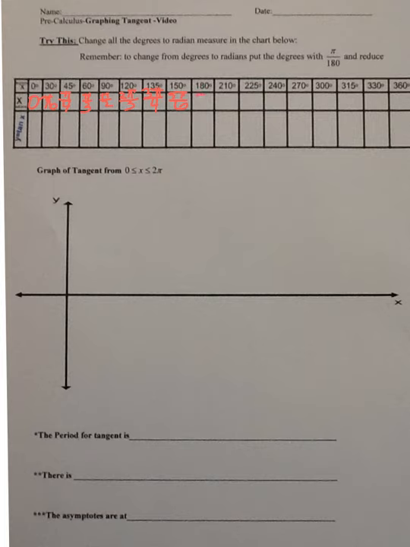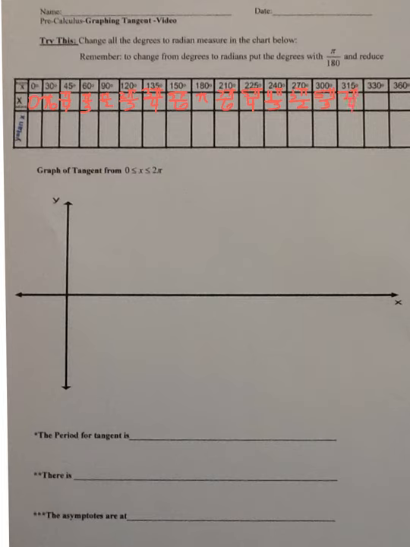180, we should all know this, is pi. 210 degrees is 7 pi over 6. 225 degrees is 5 pi over 4. 240 degrees is 4 pi over 3. 270 degrees is 3 pi over 2. 300 degrees is 5 pi over 3. 315 degrees is 7 pi over 4.